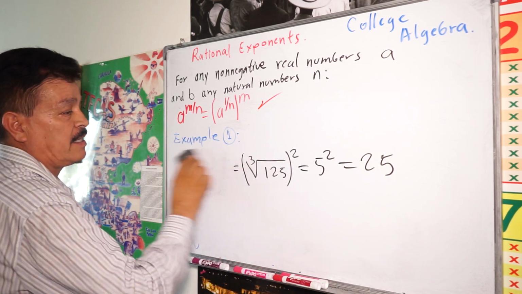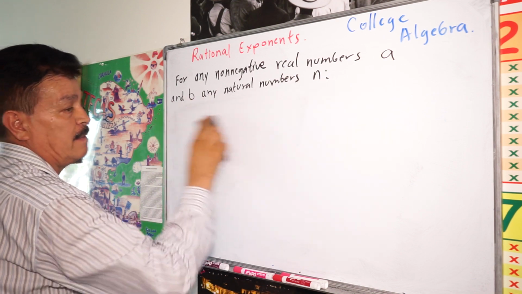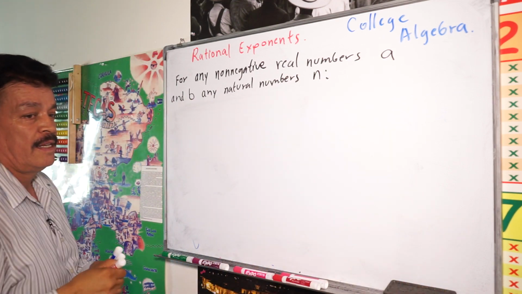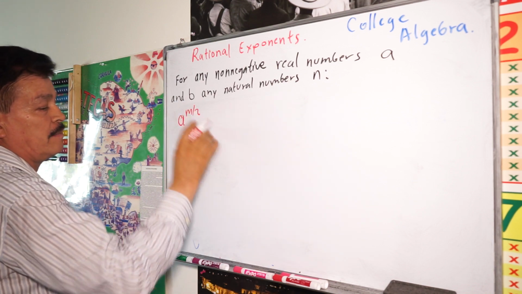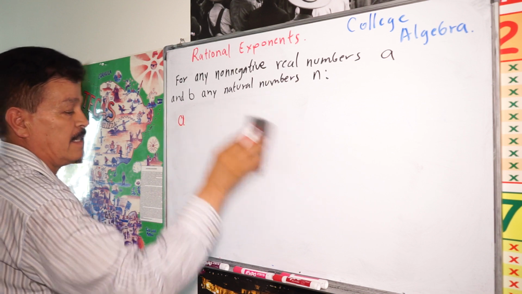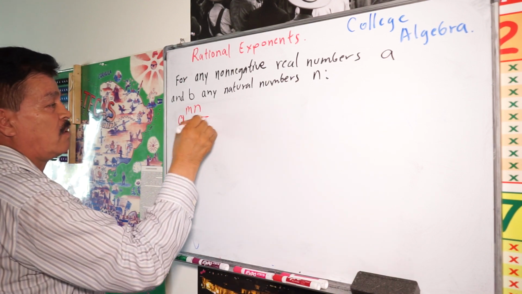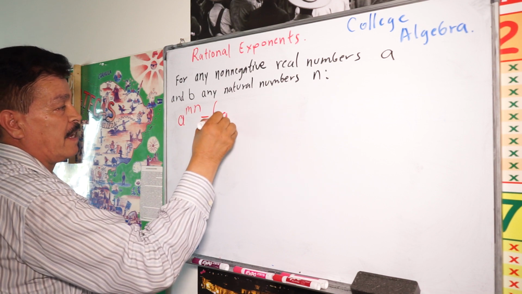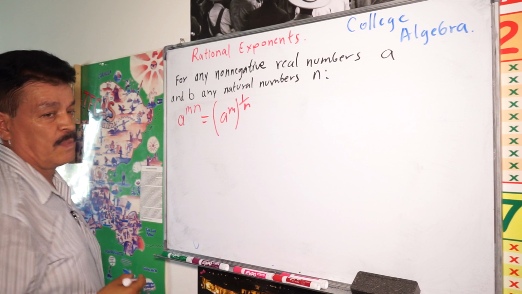Let me erase this and give you another very important rule. This rule is like this: a to the m divided by n equals a to the m, to the 1/n power.